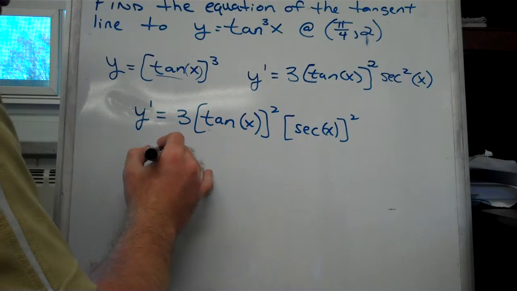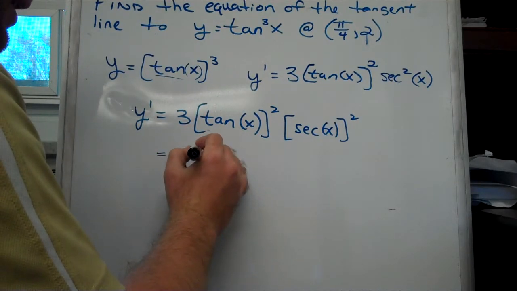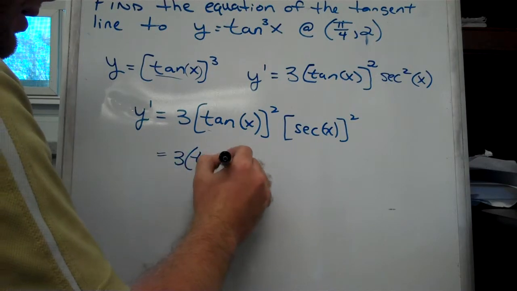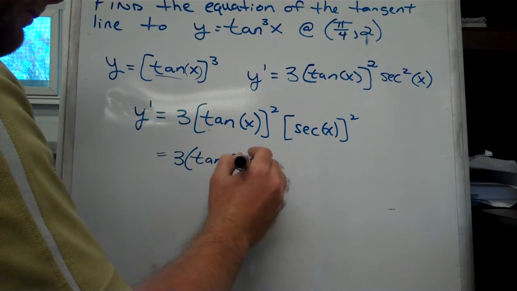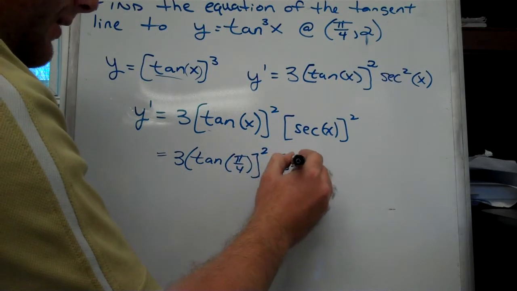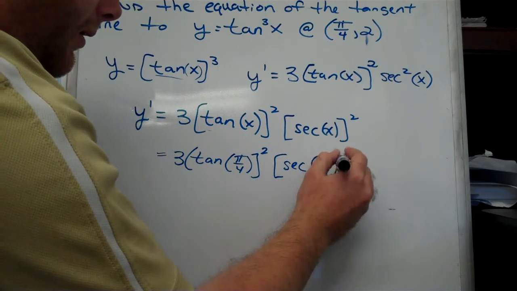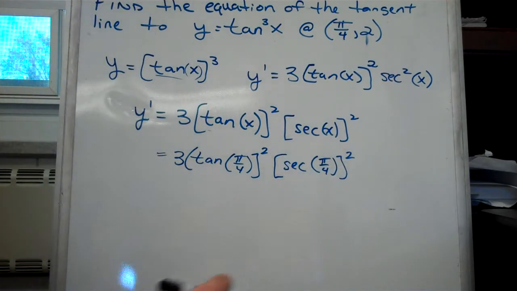So I'm just going to substitute pi over 4 in for my x. I get tangent of pi over 4, squared, times secant of pi over 4, that quantity squared.